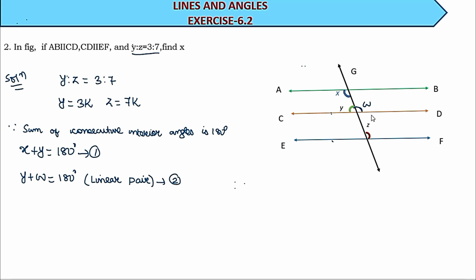Now W and Z are what? These are corresponding angles. Since CD is parallel to EF, so W is equal to Z. So W equals Z. Why?